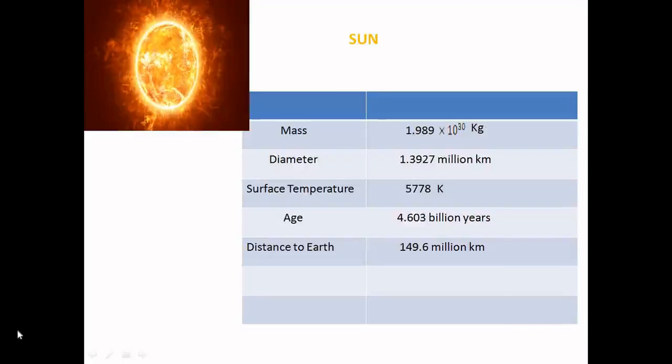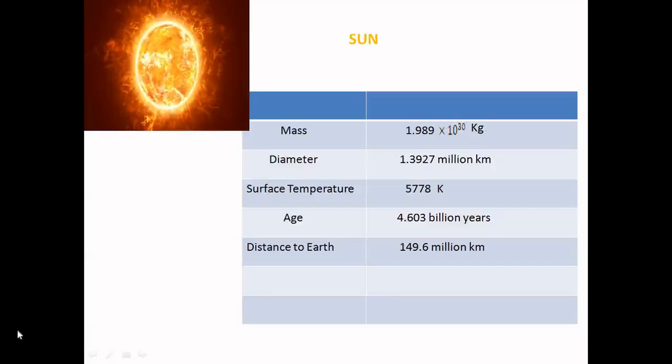Sun. It is a nearly perfect sphere of hot plasma. Plasma is one kind of state of matter like gases in which atoms have been ionized and the electrons ripped away from the atom. And this plasma is due to the nuclear fusion reaction that occurs at the center of the core. The Sun accounts for 99.86% of the total mass of the solar system, and 3/4 of the Sun's mass consists of hydrogen.